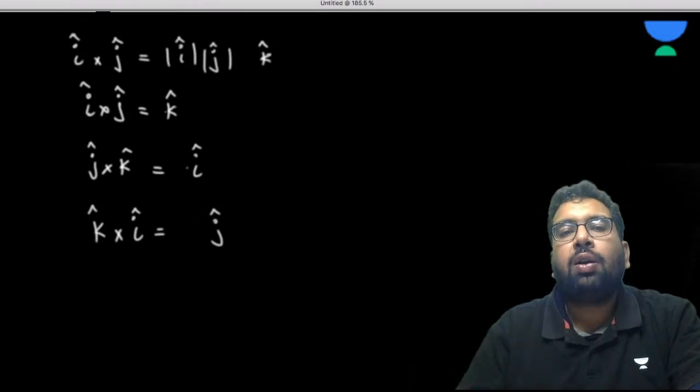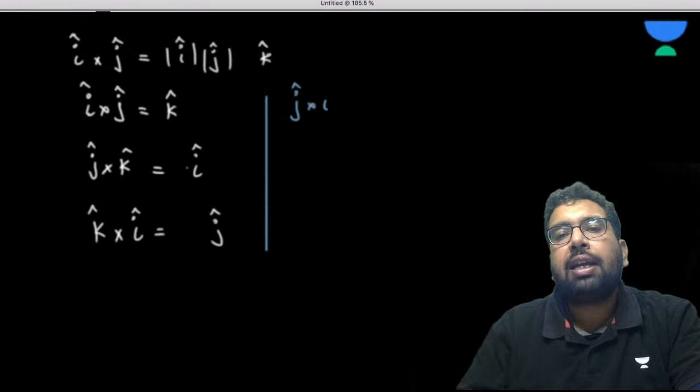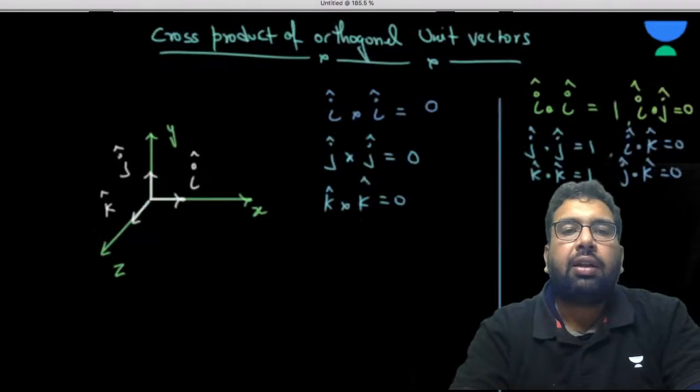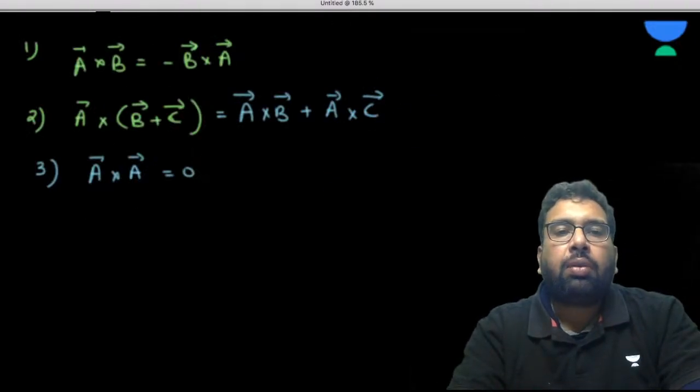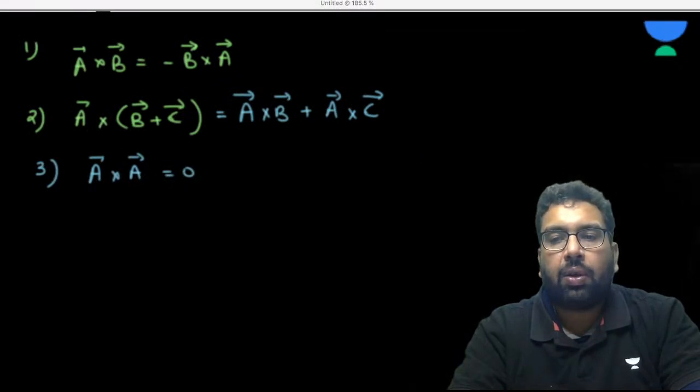Okay, now we just have seen this. If I cross J is K, that means J cap cross I cap is equal to K cap with a minus sign, right? We just have seen this. See, A cross B is equal to minus of B cross A, right?